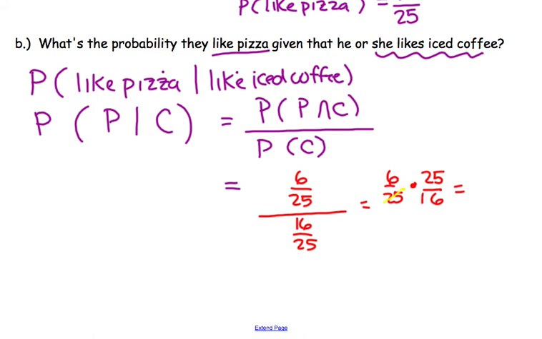Cancel our 25s. 6 out of 16 can reduce by half. So you have a 3 out of 8 chance to pick someone who likes pizza, given that he or she also likes coffee.